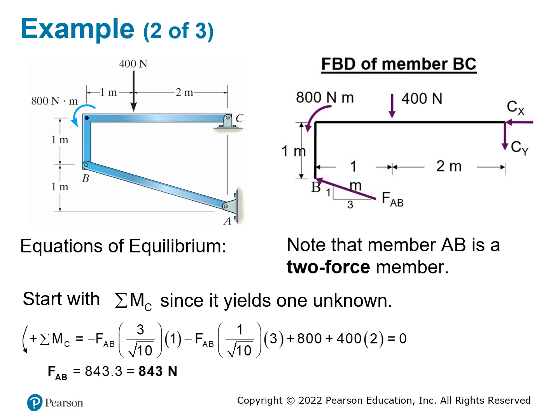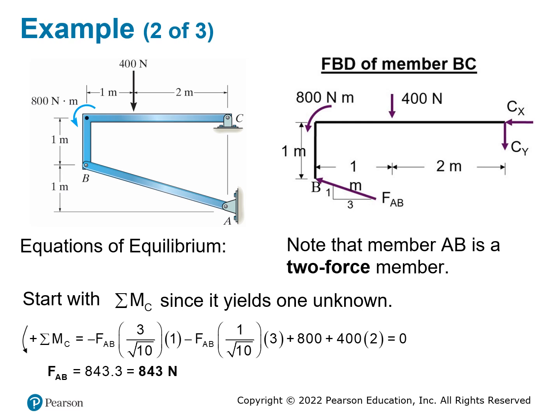So if we analyze this frame, you can see it has a support at A, a support at C, and AB is a two-force member, so the force of AB should go along this direction.